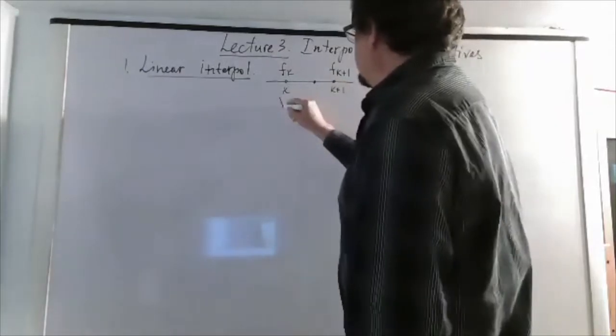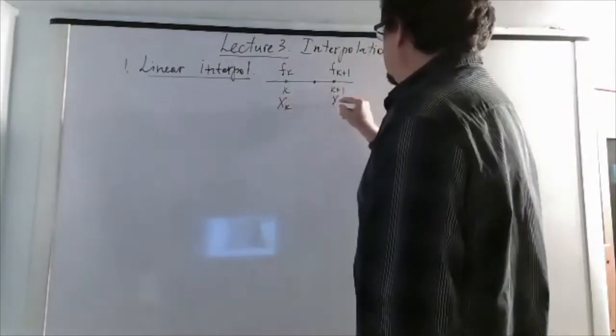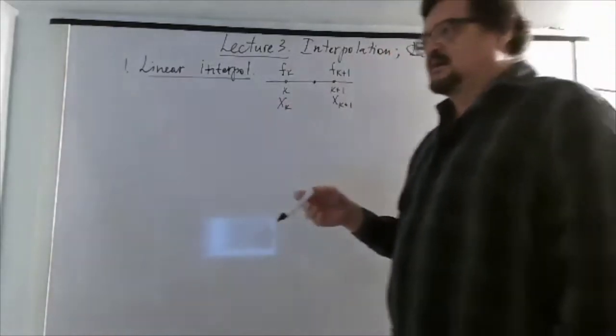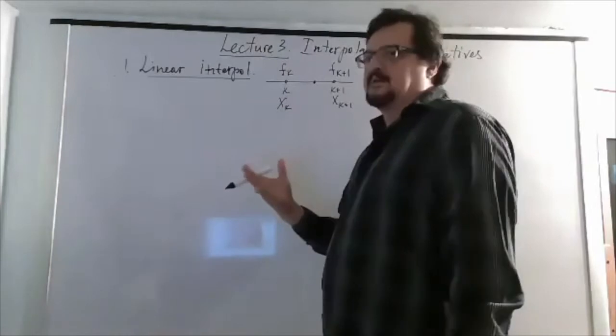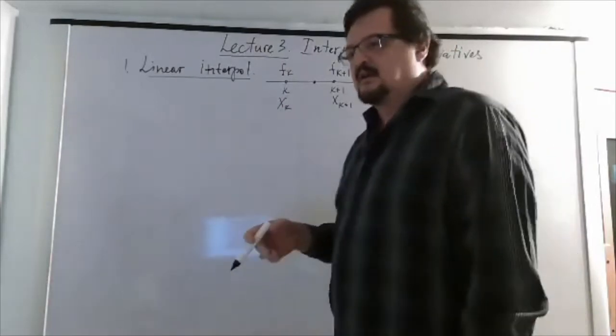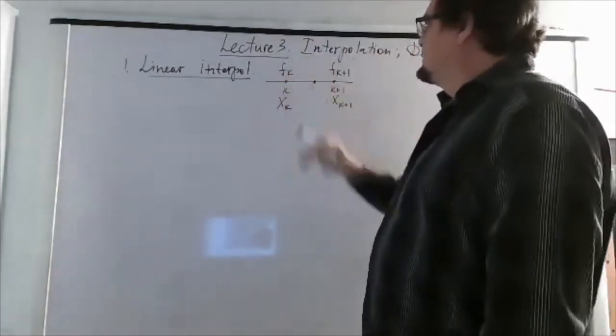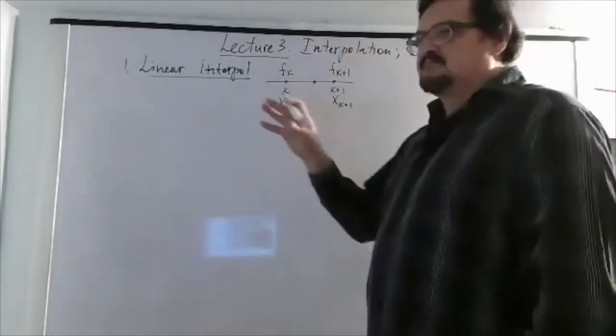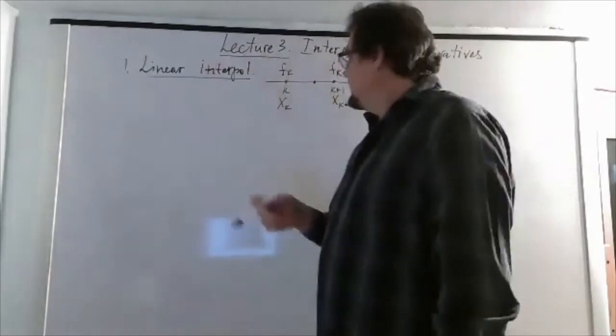This coordinate here is xk and here is xk plus 1. I'm not using some constant delta, because your data may not necessarily be equally spaced. Your data can be pretty arbitrarily spaced in the general case.